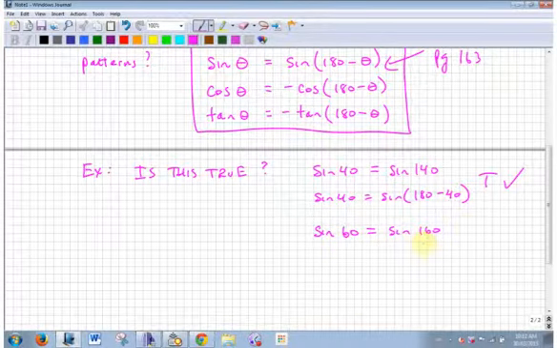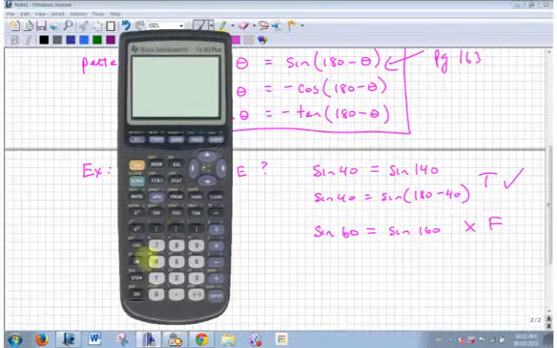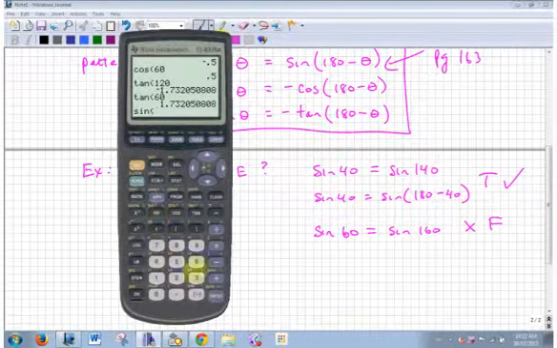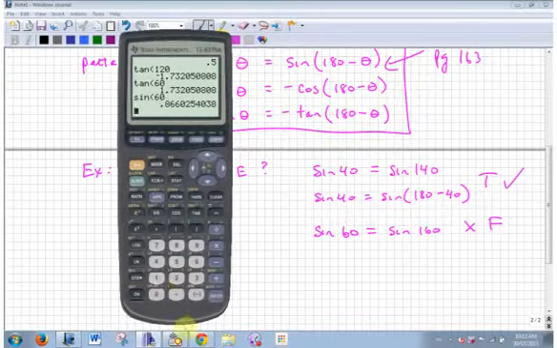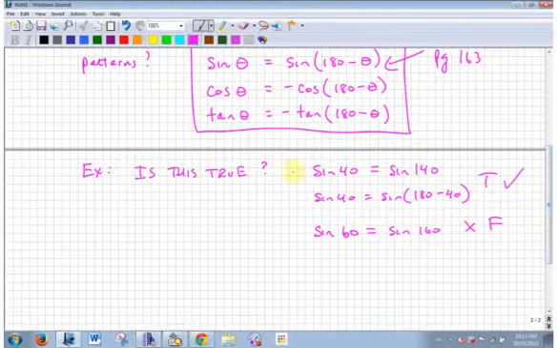It's not equal to sine 160, okay? That's false. Now, are we allowed to do this? Sine of 60 is that, sine of 160 is that. They're definitely not the same, are they? But you shouldn't need to do that. You should know by looking at it whether that's true or false. Okay, so let's say that's B.